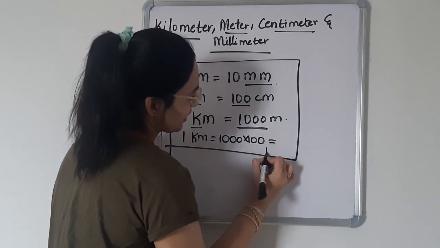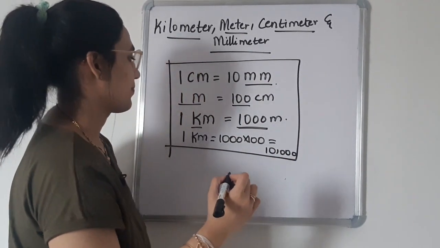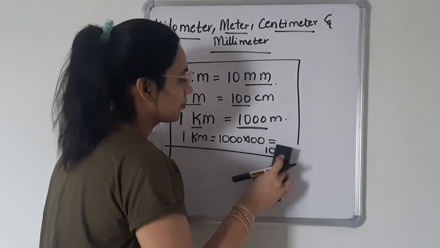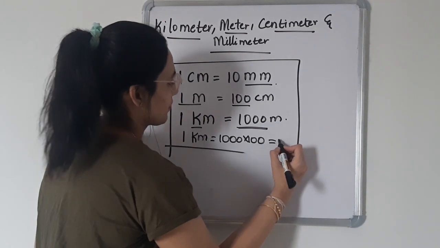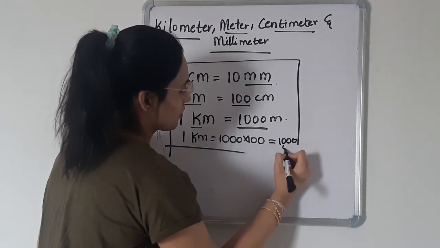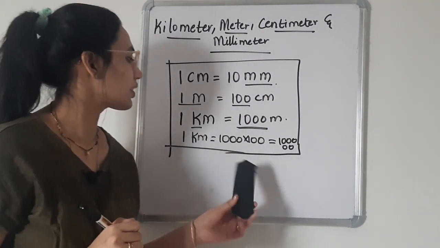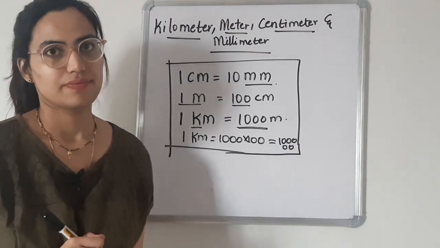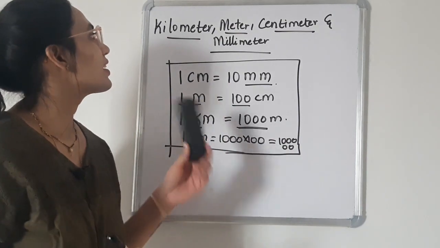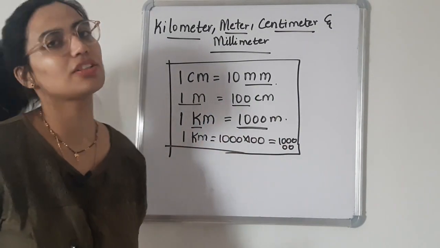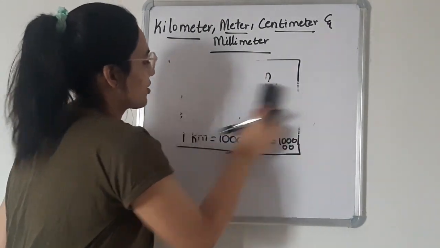That is 1 lakh centimeters. Okay? That is how you convert a kilometer into centimeters. And then further down you can get millimeters also. So this is how you convert one unit to another unit in terms of length, that is meters, centimeters, kilometers, etc.